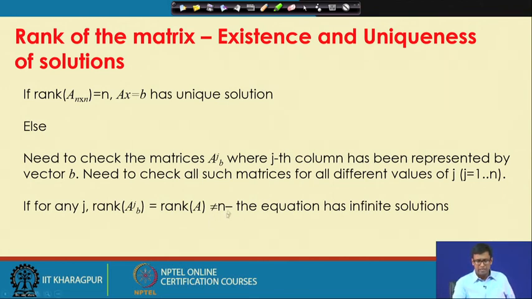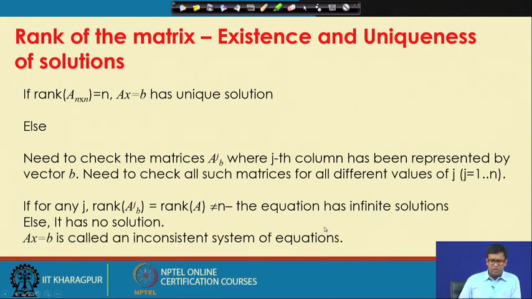In that case there are infinite solutions, else it has no solution. And if there is no solution, then Ax equal to B is called an inconsistent system of equations. This system is not consistent, therefore, there is no solution.